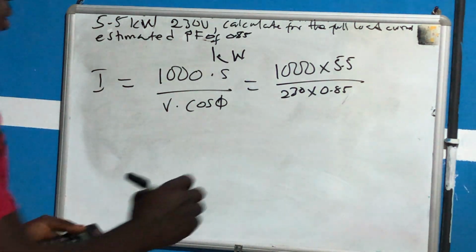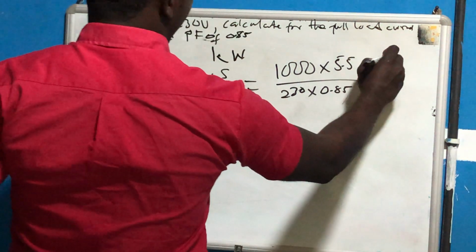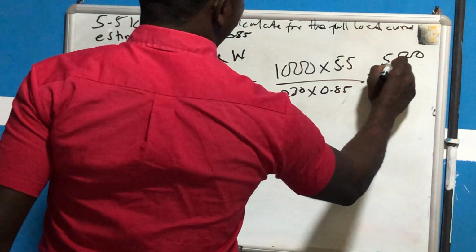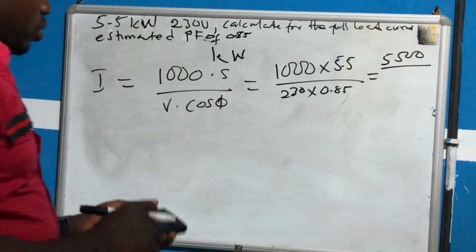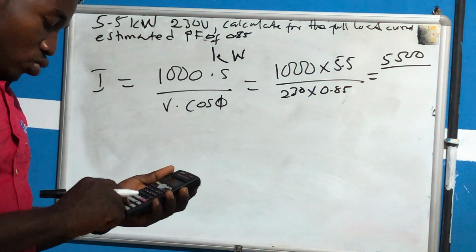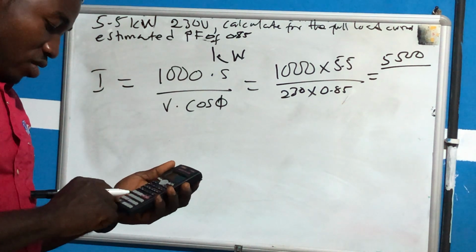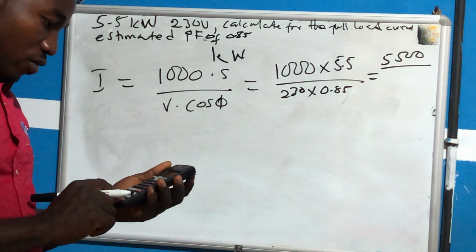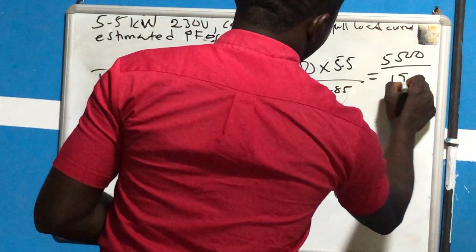So 1000 times 5.5 is 5500. 230 times 0.85 is 195.5.